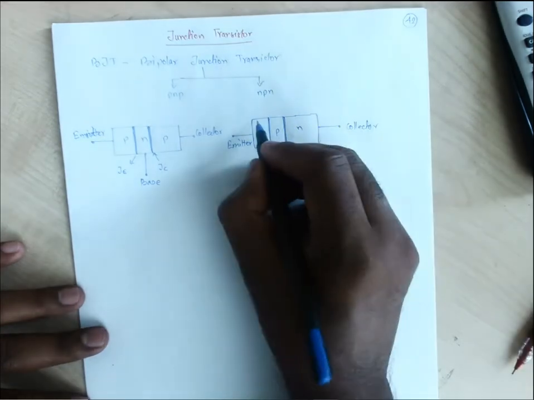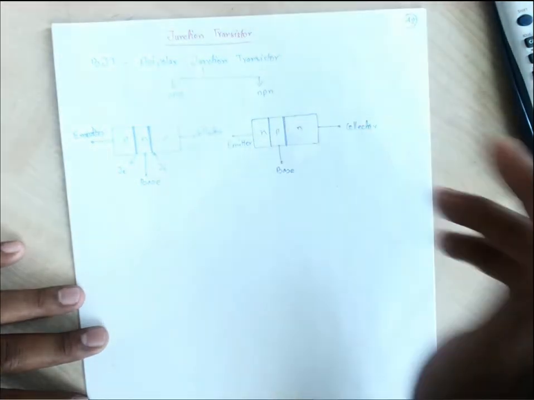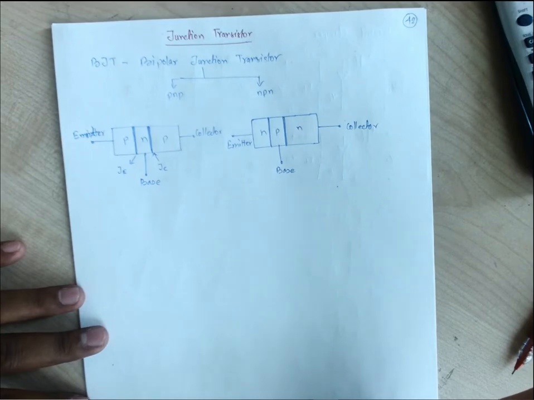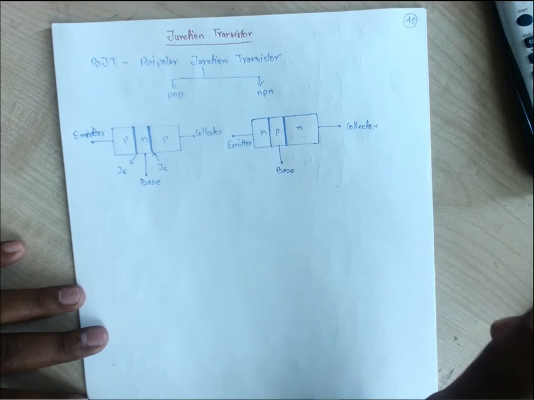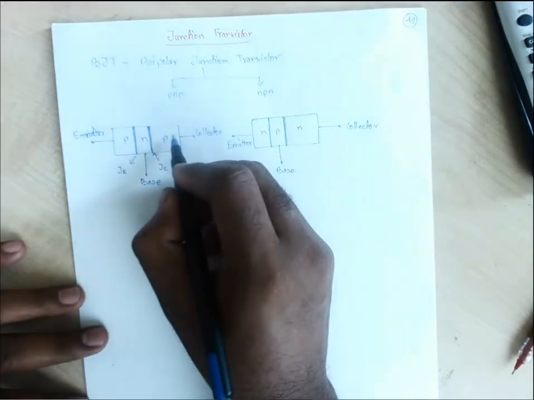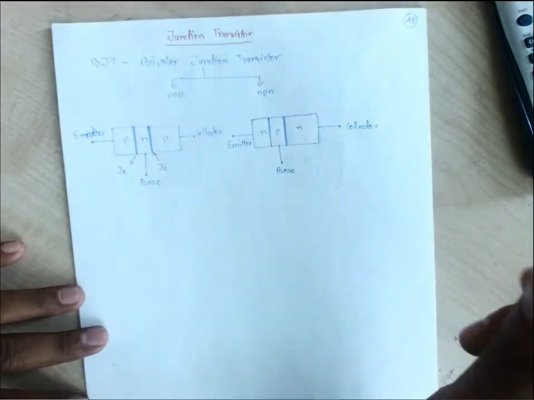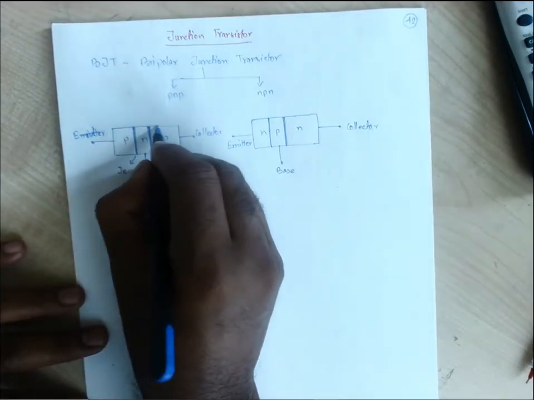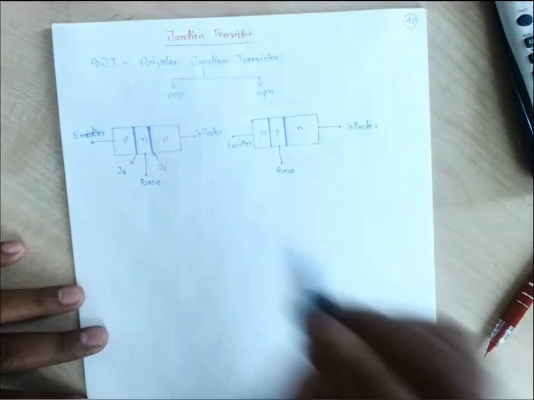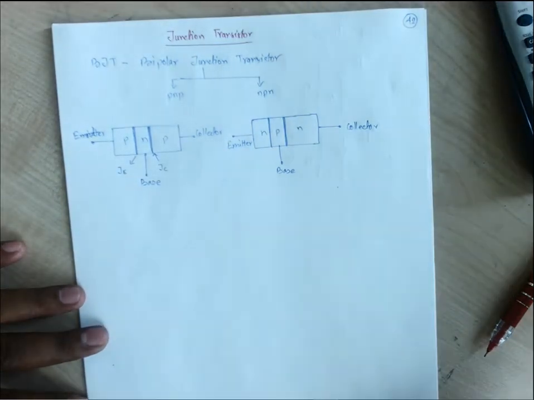And if we go with the physical configuration of these three regions, the base has a very narrow width, then the emitter, then the collector. The collector has the maximum width. From the name itself you can get the hint why it has the maximum width: to collect something. What is it collecting? It is collecting the charge carriers. So it may be either holes or electrons.